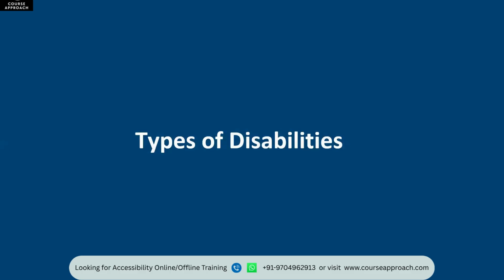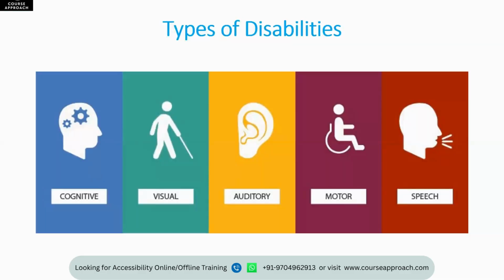Now, when it comes to the types of disabilities, we have a variety of disabilities in the world: cognitive, visual, auditory, motor, and speech. Cognitive is where people have some sort of cognitive disability.